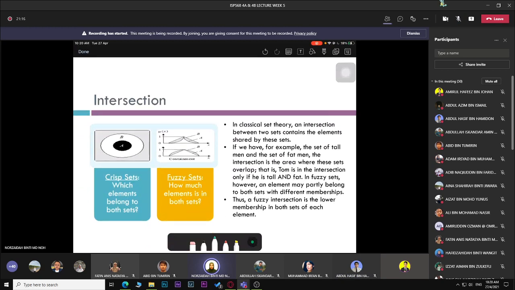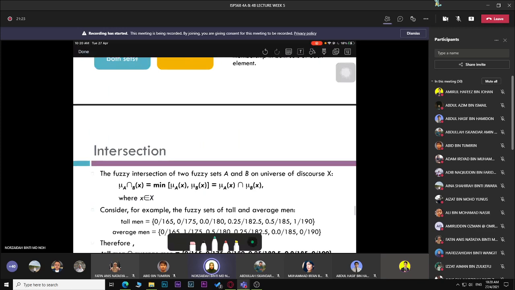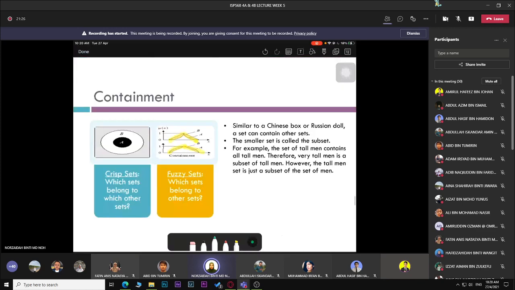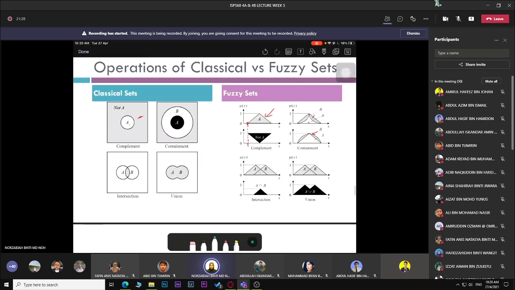Okay, for intersection, in a normal crisp set, this picture is wrong. This is a picture of containment, so we refer to the picture above. This picture is wrong. For intersection, when two sets overlap, like in a normal Venn diagram, this is A and this is B, A and B overlap, and where they overlap we call it the intersection.